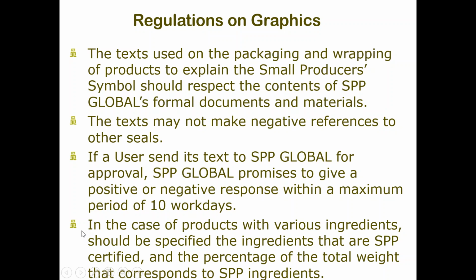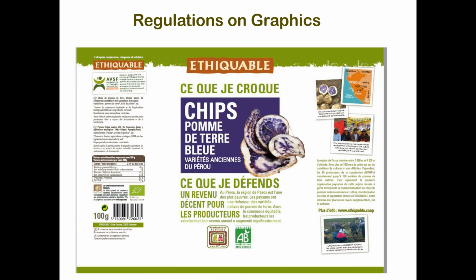In the case of products with various ingredients, you should specify the ingredients that are SPP certified. This is an example of a label of Etiquable, potato chips, and this is the front of the label. They also have the Producteurs Paysans logo.